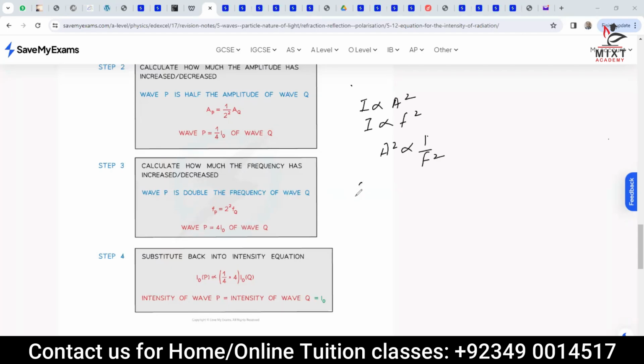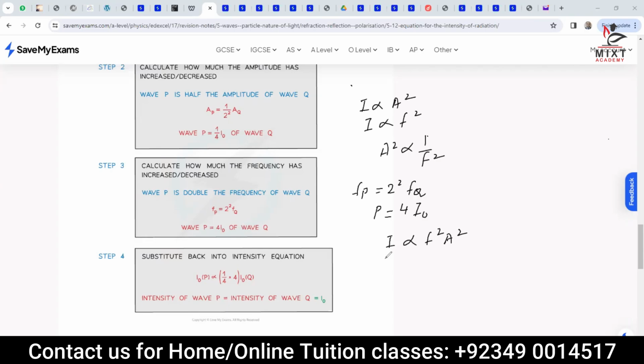So you can simply place Fp is equal to 2 times Fq. Very simple. P is equal to 4 I naught. Now, when you place the values here, I is directly proportional to F square A square.